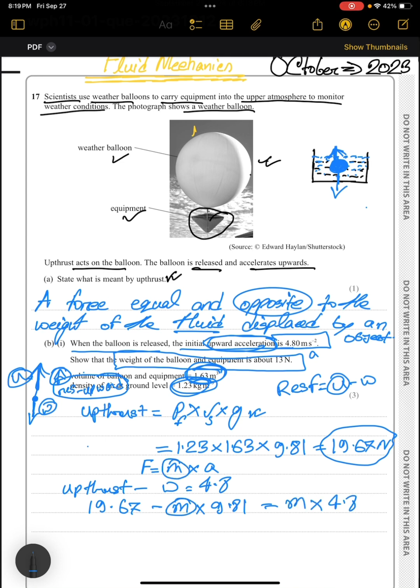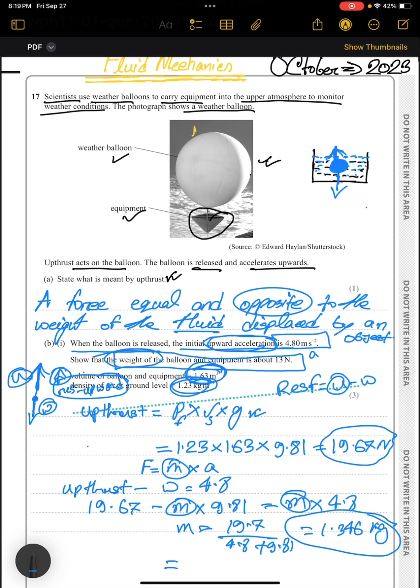So we can make the mass the subject and find out the mass. The mass will be 19.67 divided by 4.8 plus 9.81, which will be equal to 1.346 kg. They've asked us to find out the weight, so we have to multiply this mass with 9.81.